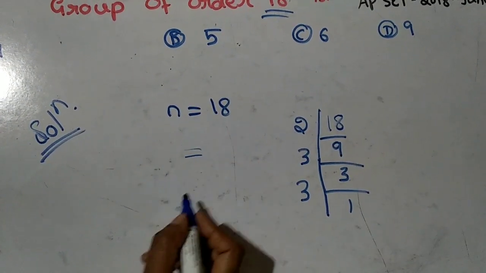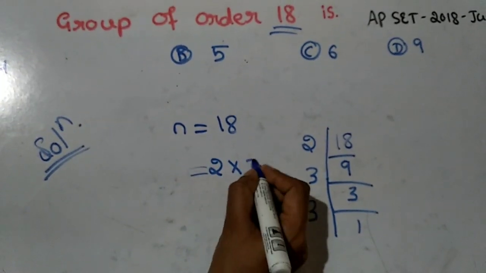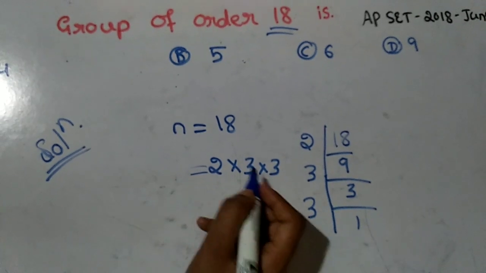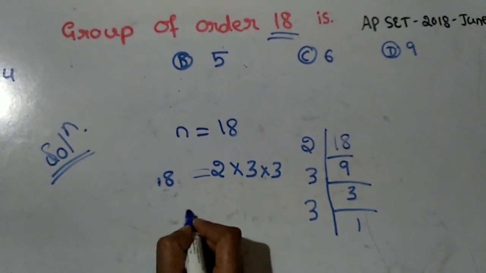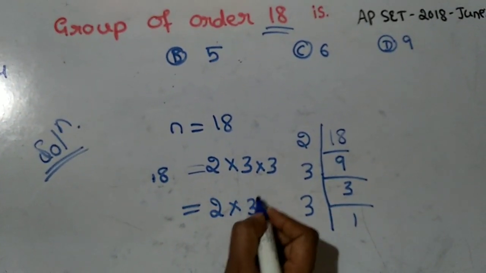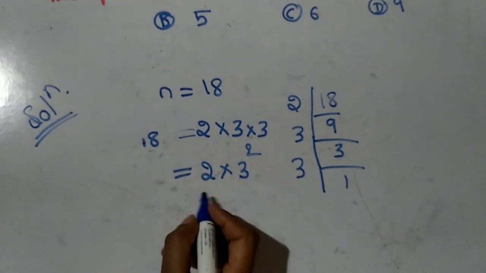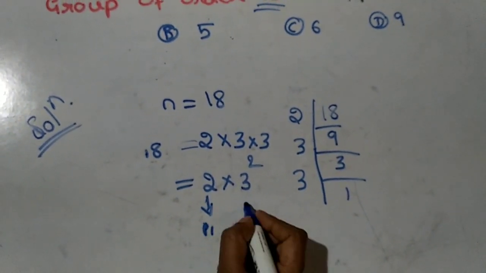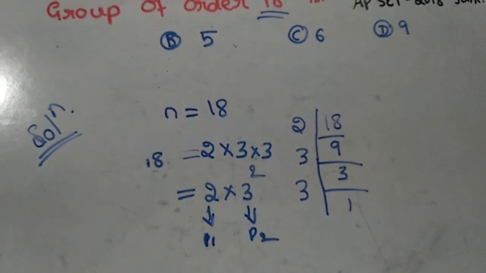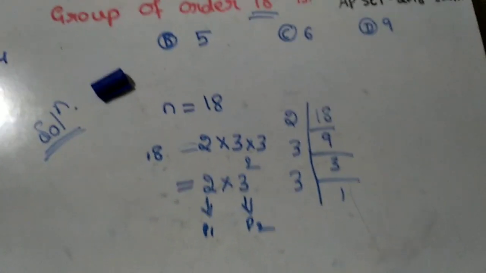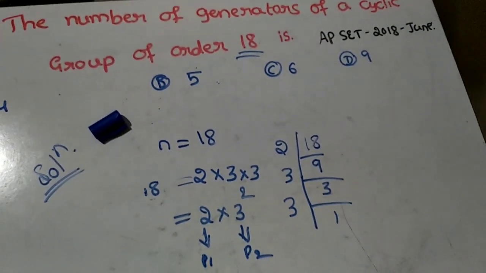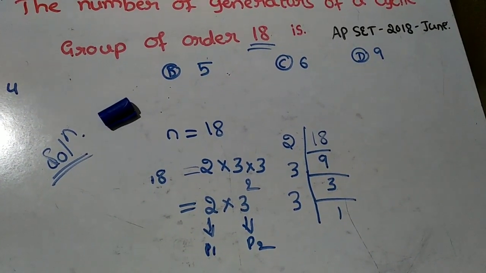Okay, so 18 can be expressed in the form of 2 cross 3 cross 3. Okay, this is what 18 can be. So here my 3 repeats 2 times, right? So this 2 is P1 and this 3 is P2.